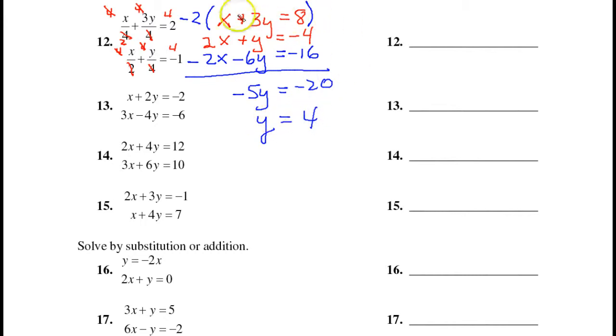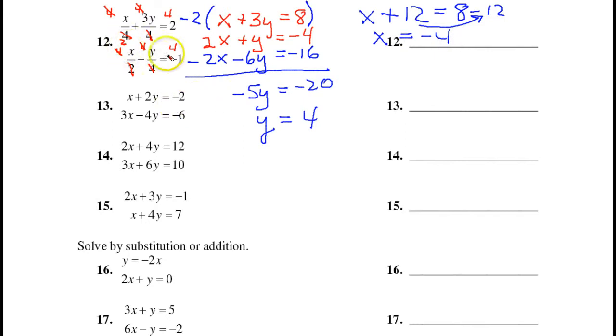Now, I'm going to use one of these that are without the fractions here. So I have x plus 3 times y, which is 12, equals 8. I now have x equals, transpose the 12 becomes a negative 12 on the other side, and I get here a negative 4.